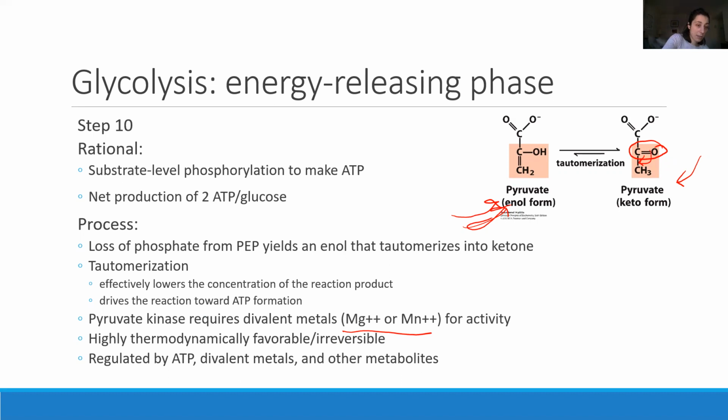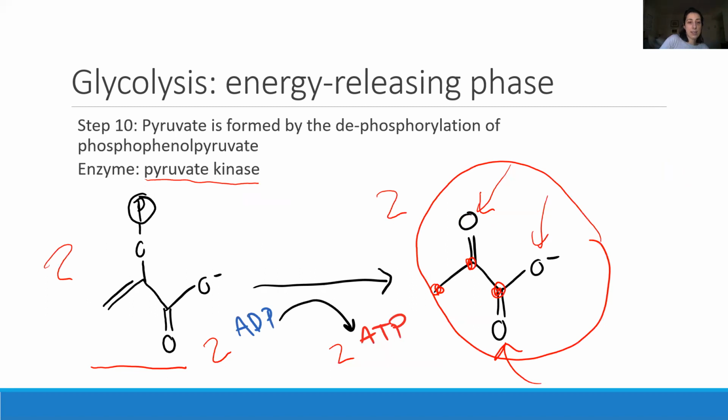So yet again, if you want to think about regulation by ATP here, of course, we don't want to continue to make more ATP if we already have a lot of ATP. And so ATP in this case will inhibit pyruvate kinase from making more pyruvate.